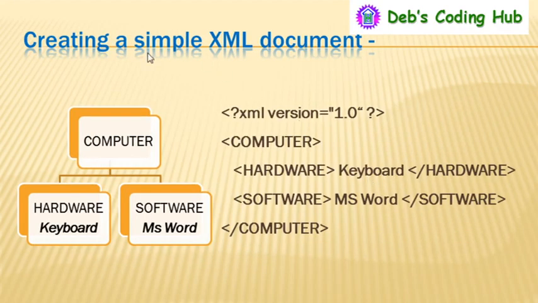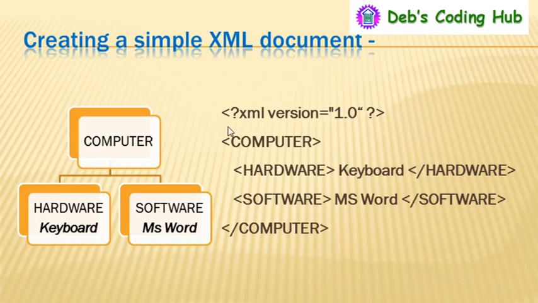To create an XML document, we must write this first line mandatorily. For every XML document, there must be this line. This line tells the web browser about the XML document and its version. And this is called the processing instruction.